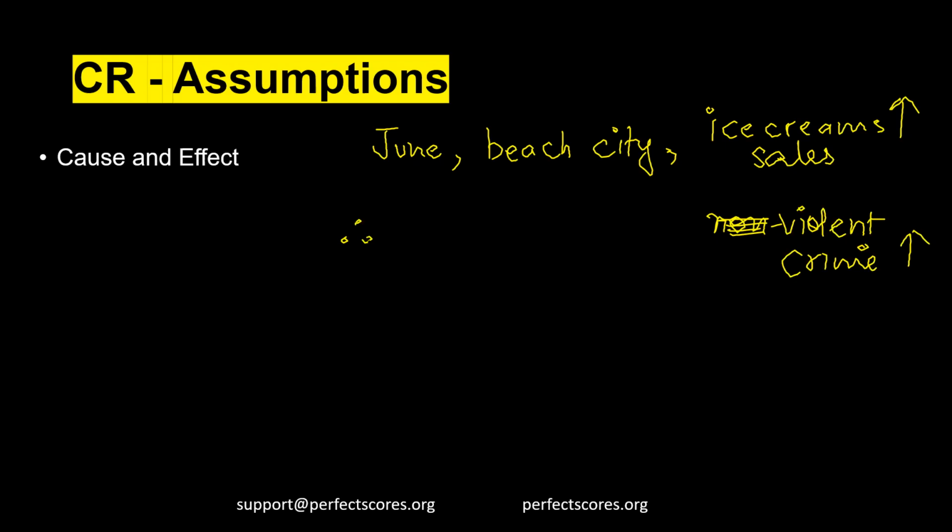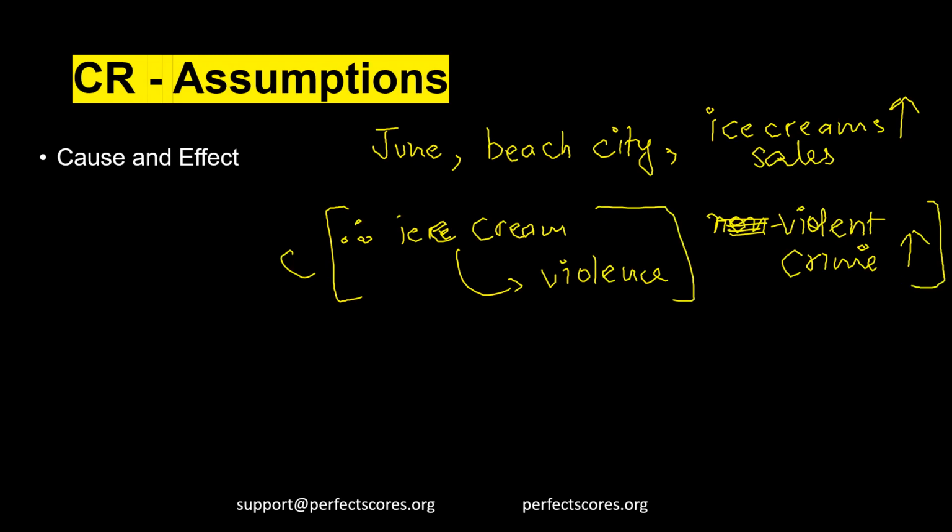So therefore, the conclusion is that the ice cream has something in it that leads people to do violence. Now, it's pretty clear that this is the conclusion and this is the premise.